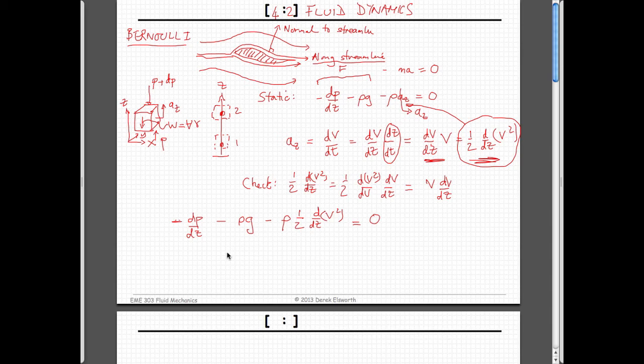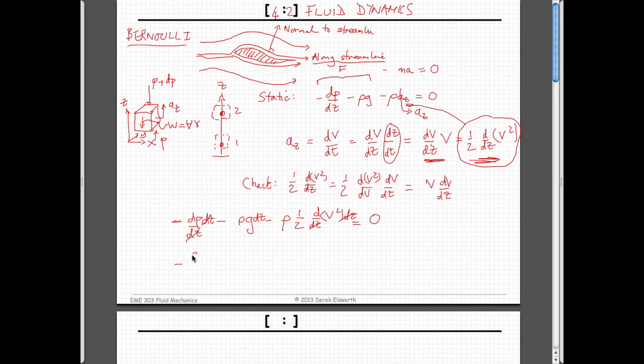We could multiply everything by dz. Still equal to 0. We could, in which case we lose this and this and this and this. And we could integrate it, so I'll just write it out.